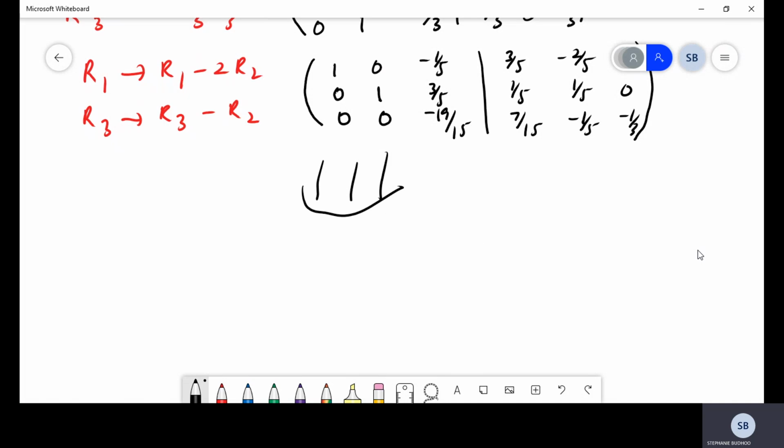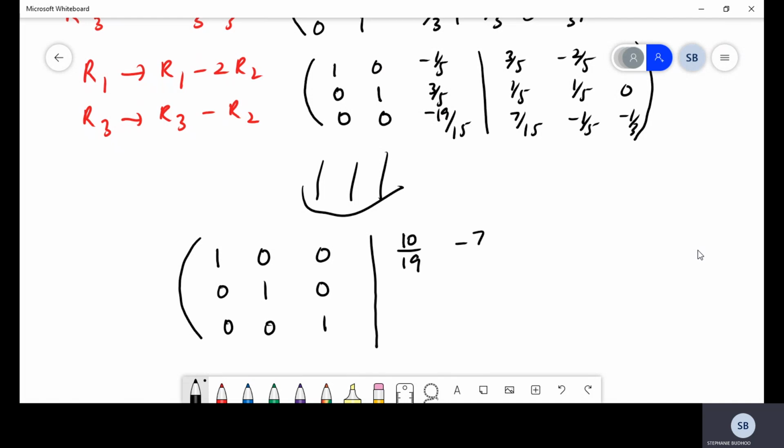eventually this matrix, when you row reduce your left-hand side to become that identity matrix you are trying so hard to develop, the values on the right-hand side actually turn out to be 10 over 19, negative 7 over 19, 1 over 19, 8 over 19, negative 7 over 19, 2 over 19.